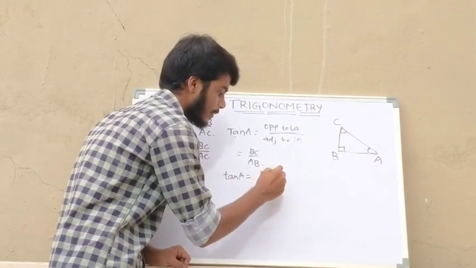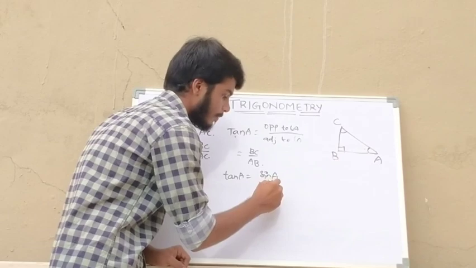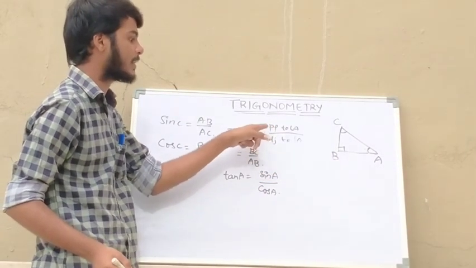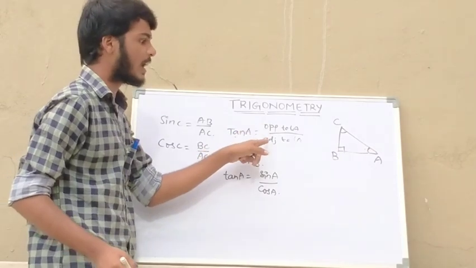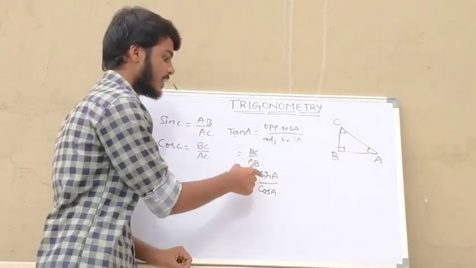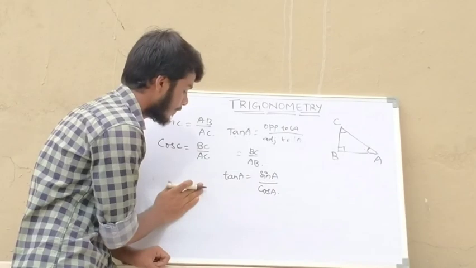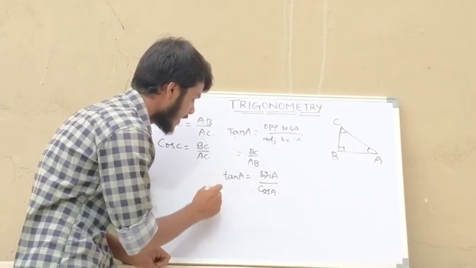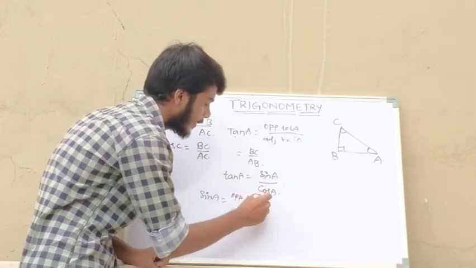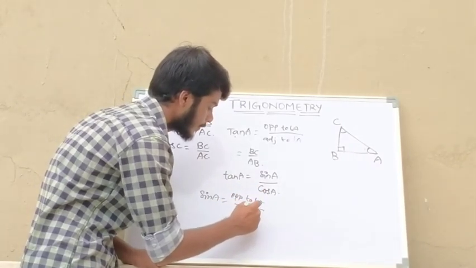So from this we can say that tan A equal to sin A by cos A. By the definition, tan A is side opposite to angle A by adjacent to angle A. Tan in terms of sin A and cos A can be written as sin A by cos A. By the definition, sin A equals opposite to angle A by hypotenuse.